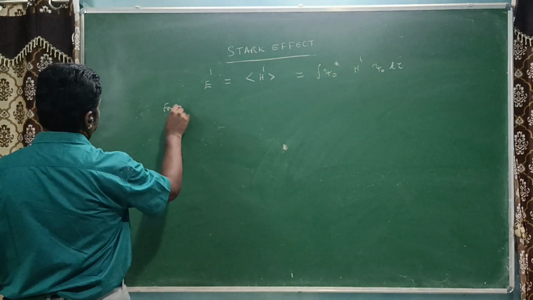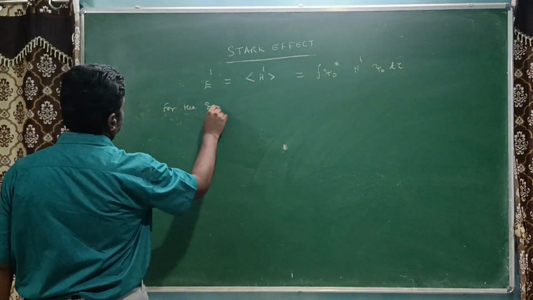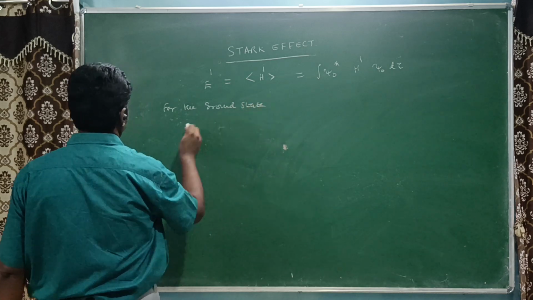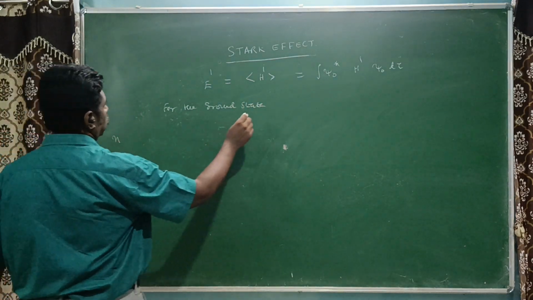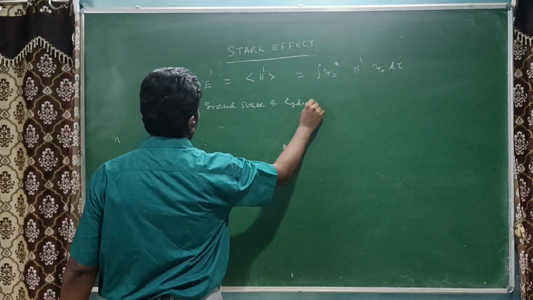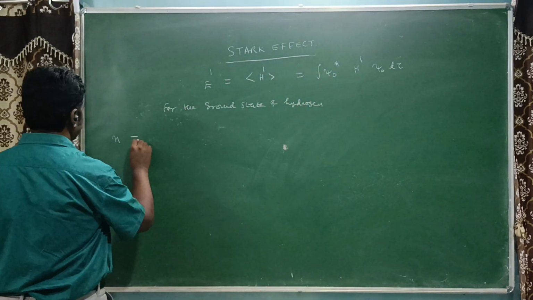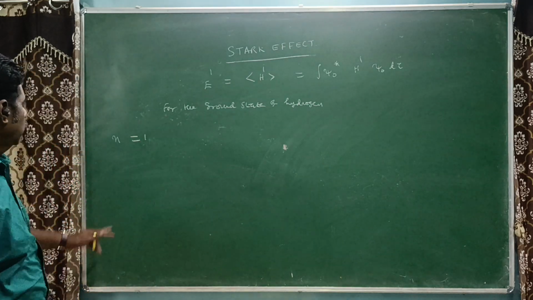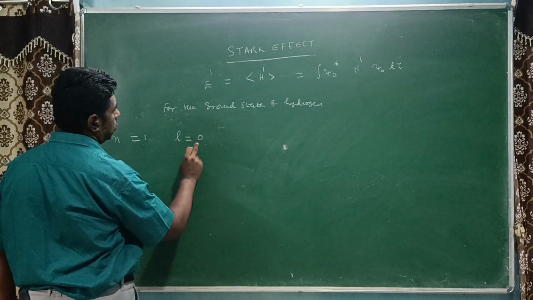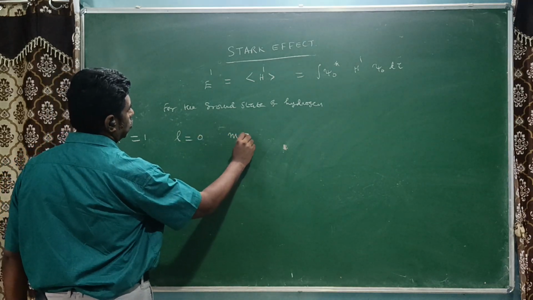For the ground state of hydrogen, n equal to 1. If n is equal to 1, the value of l equal to 0. If l is equal to 0, m is also 0.